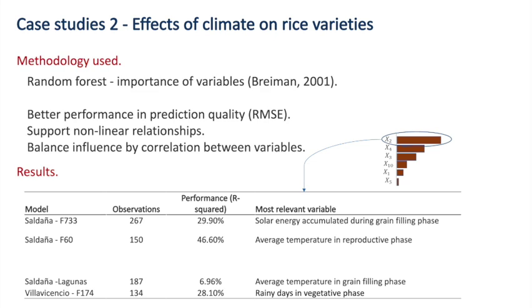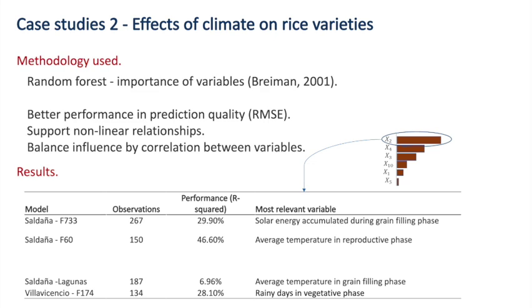We used the random forest methodology that we're going to see also afterwards in the course, because this one had a special characteristic, and it's that it gave us the best performance in the quality of the predictions. It handled non-linear predictions, and it was very hard to maintain linearity in this study.